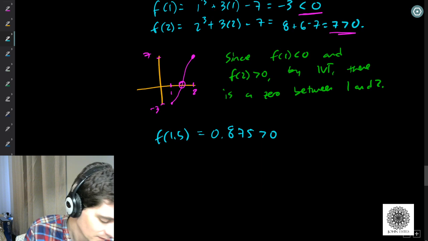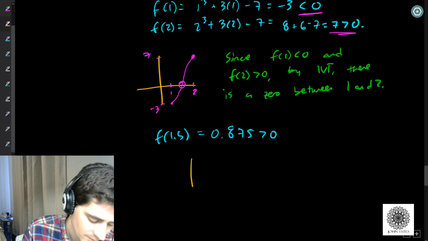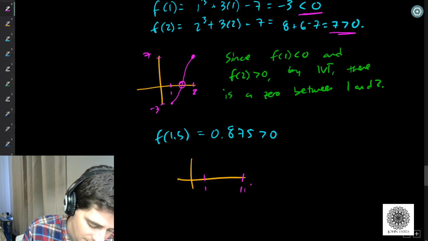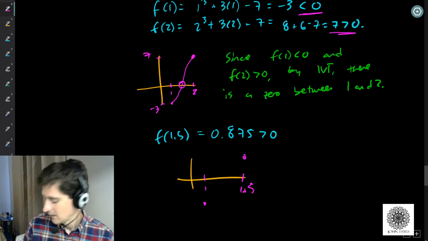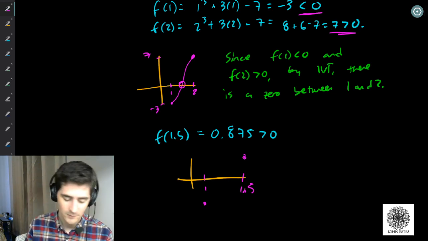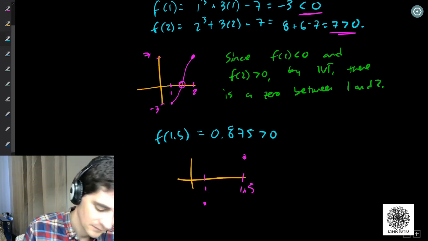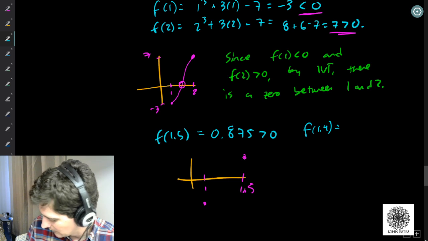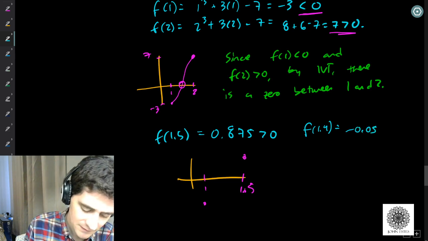So what does that tell me then? I play the same thing. I just know here's 1, here's 1.5. The root has to be somewhere between 1 and 1.5. I plug it in again. I plug in 1.4. I get a negative. F of 1.4 is now negative 0.056.